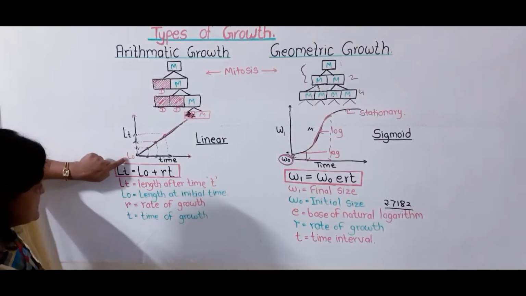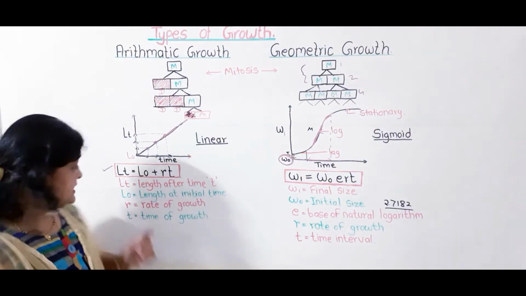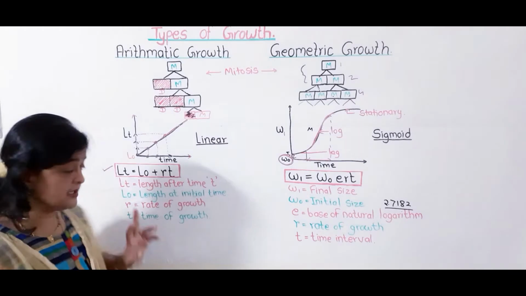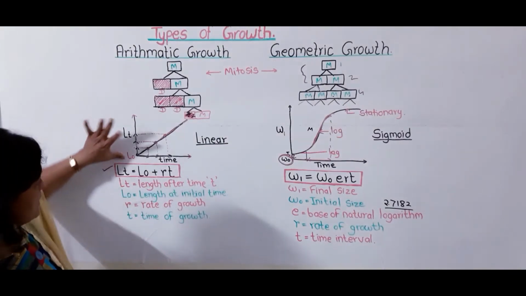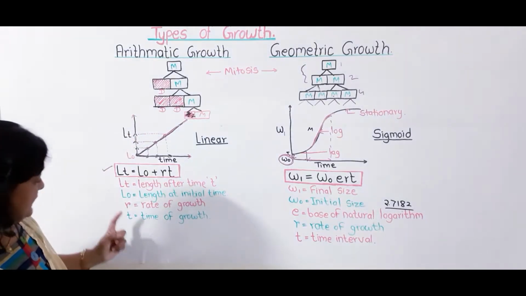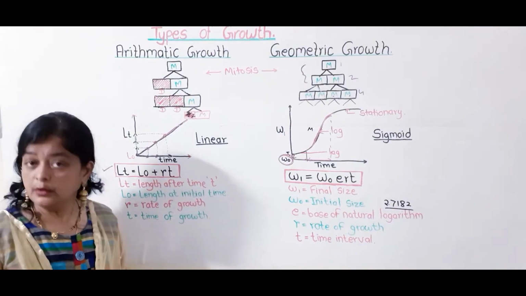L0 means the length at the initial stage. r means the rate of growth, how much growth has taken place, and t means the time of growth, how much time is required for the growth to take place.